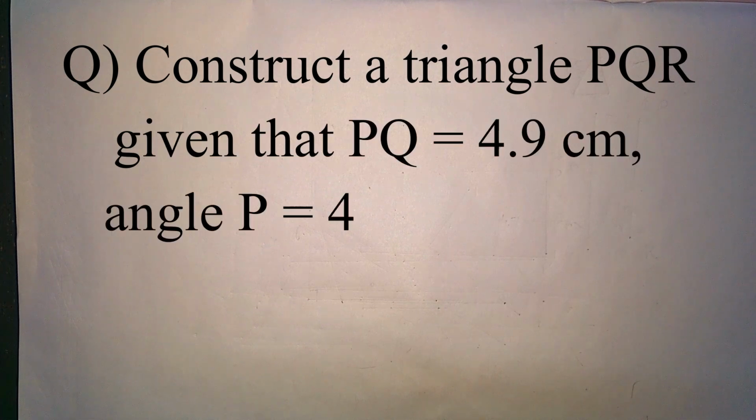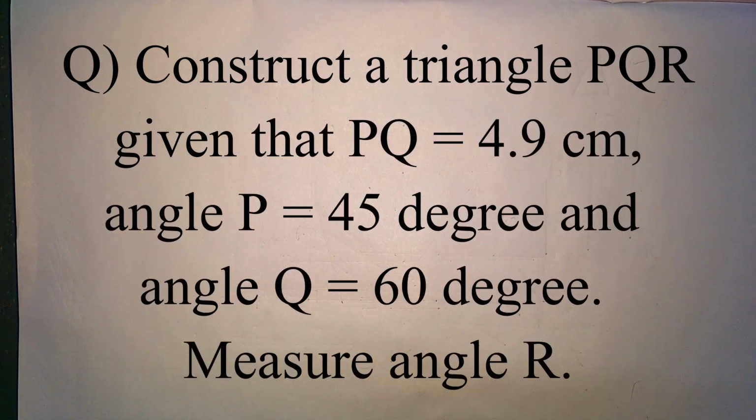Question is, construct a triangle PQR given that PQ is equal to 4.9 centimeter, angle P 45 degree and angle Q is equal to 60 degree. So let us draw a rough diagram.